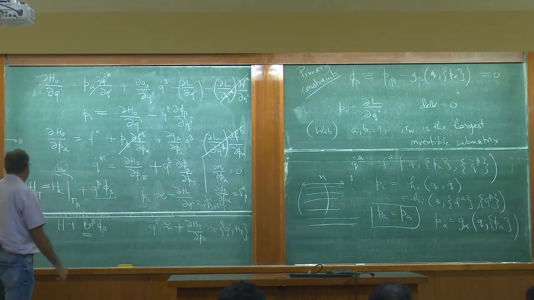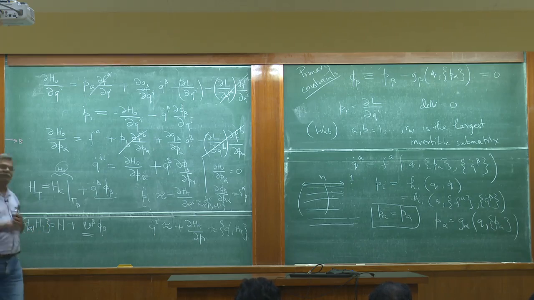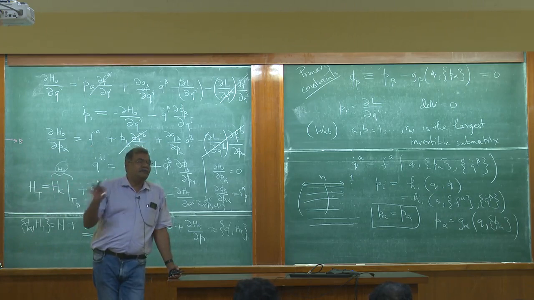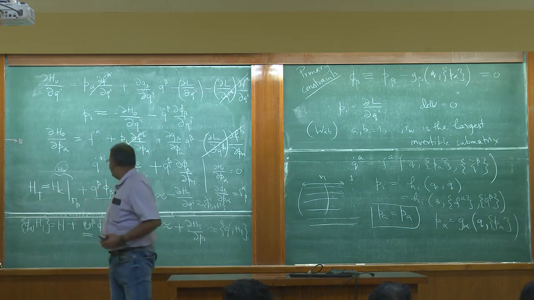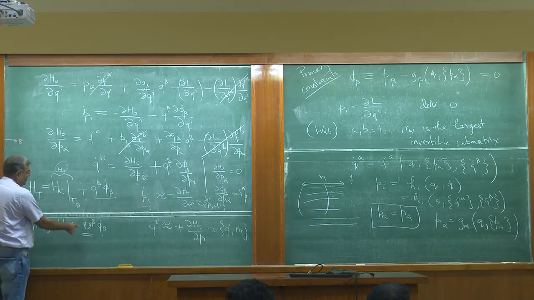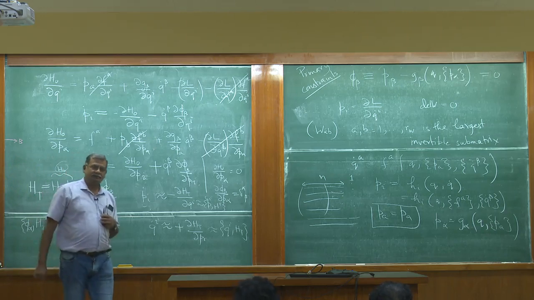And basically, if this is your H_T, then when you are trying to ask a question like, is a particular constraint itself going to persist? You will insist that phi_alpha's Poisson bracket with H_T has to be 0, right? But then you will end up with phi_alpha's Poisson bracket with H plus v^beta times phi_alpha's Poisson bracket with phi_beta.